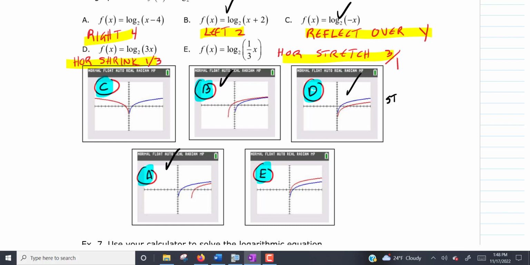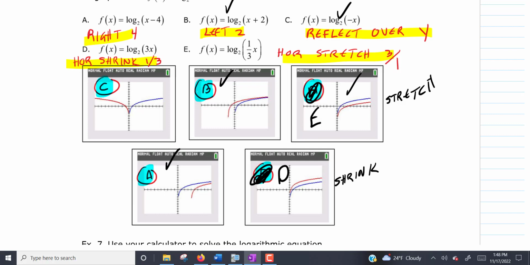This one is a horizontal stretch because you're pulling on the graph this way horizontally. This one right here is the shrink, like that. So I do have those backwards. Okay, so D would be the shrink, and then that one would be the stretch. Okay, do you understand that? Because if you're horizontal, you got to think of it this way.